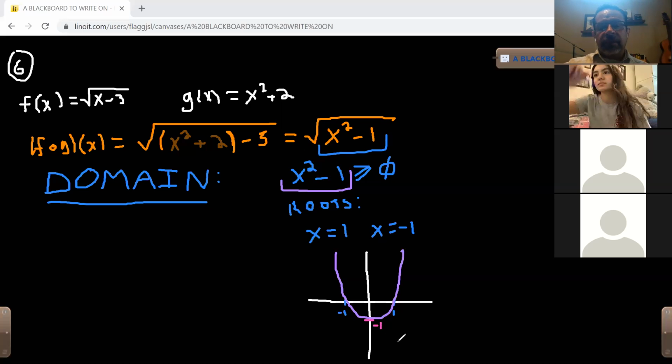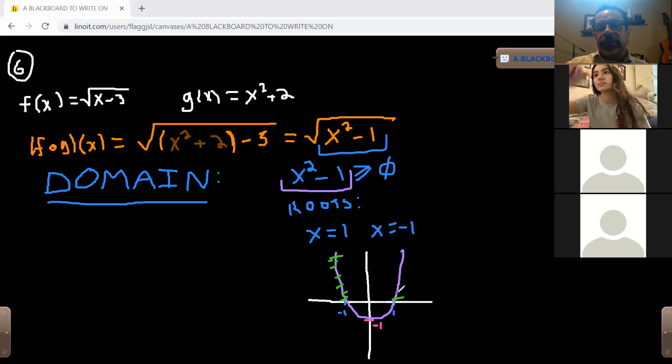Okay. And so if we want to find the domain for that, for values that are larger than or equal to 0, we have to look at the function and what values are above the x-axis. It's these values here, right?